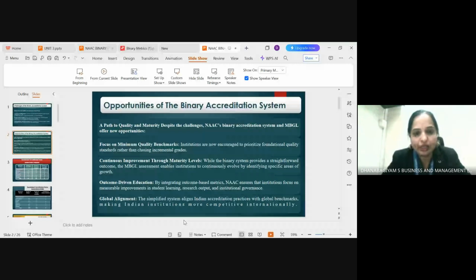This binary accreditation system emphasizes outcome based education, and it improves students' learning, student centric learning. Many universities and deemed universities today are improving their course plans to meet the NEP policy.